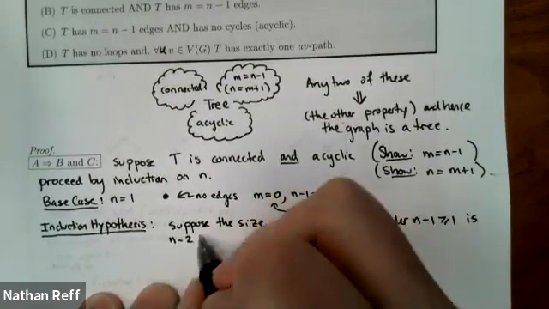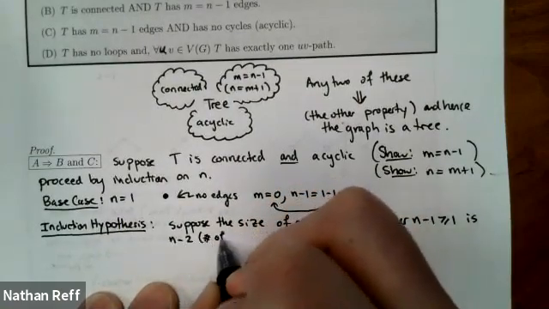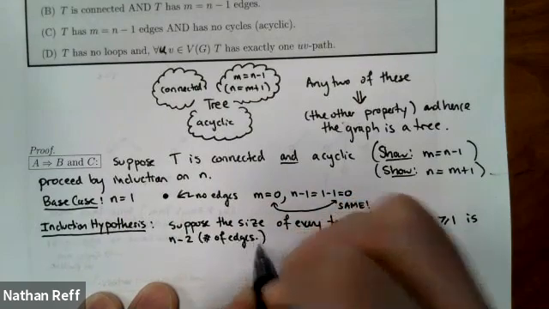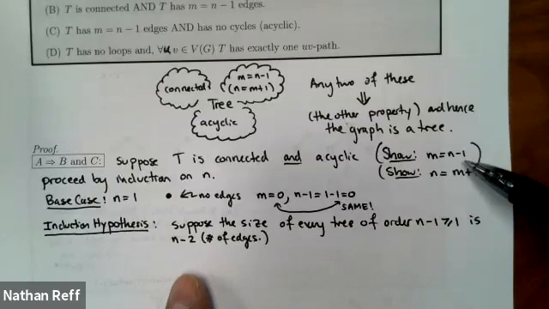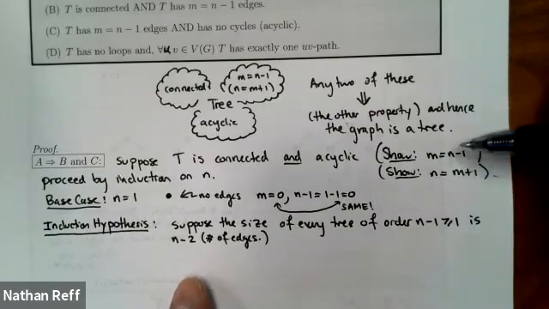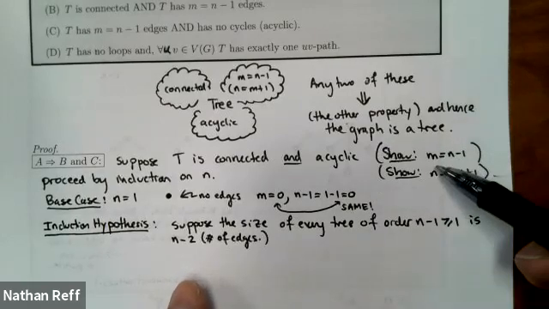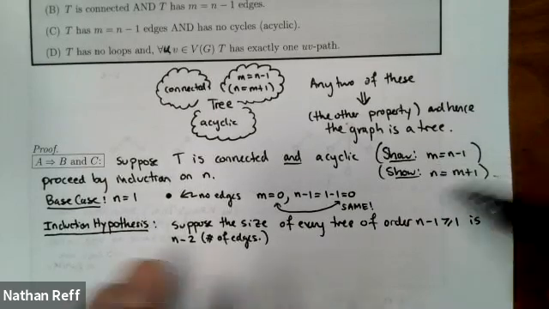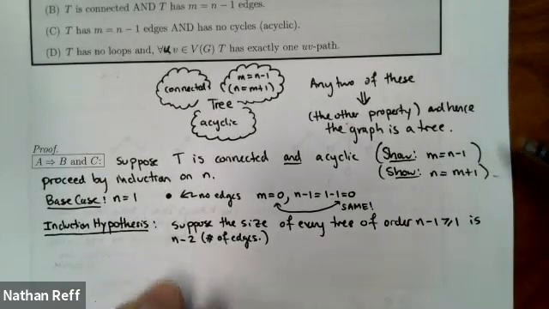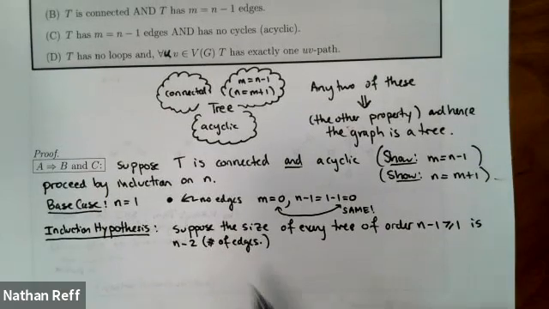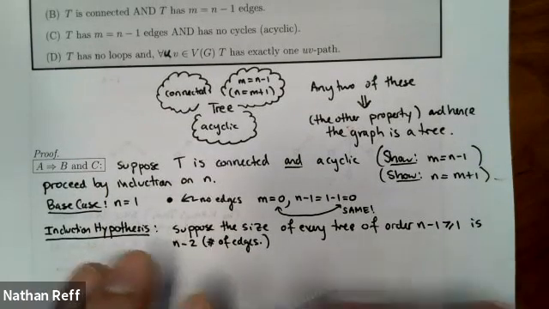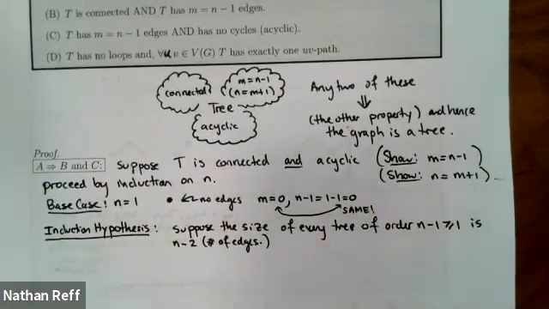Remember, the number of edges. For the case of n minus 2, we're assuming what we're trying to prove. In the end, we're trying to prove that m, the number of edges, is one fewer, so n minus 2 edges. We okay with that assumption? We're basically assuming what we want, but for this particular case.